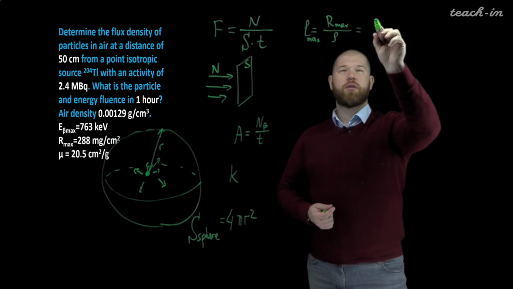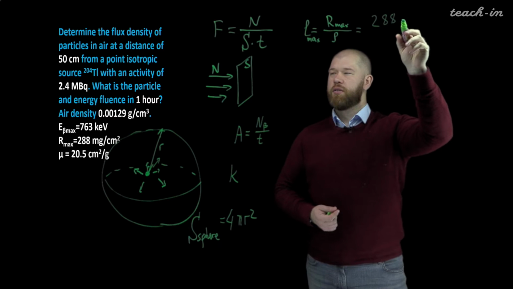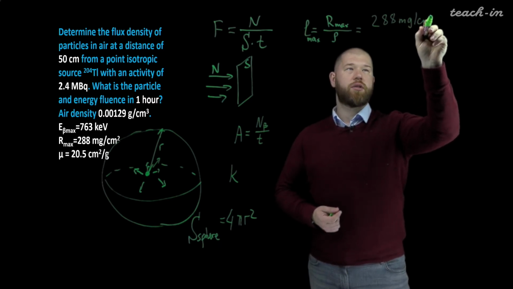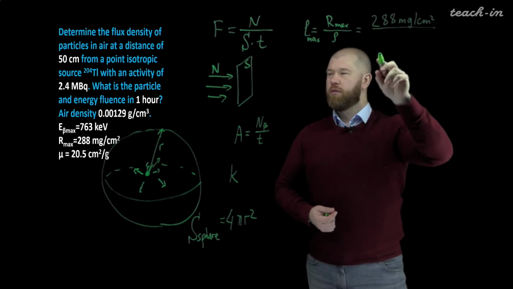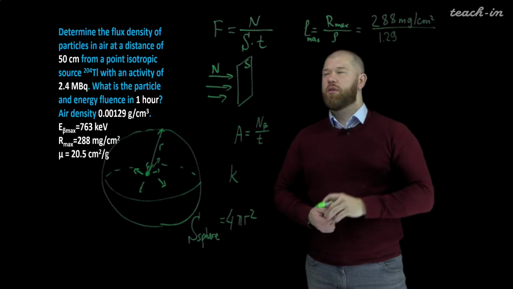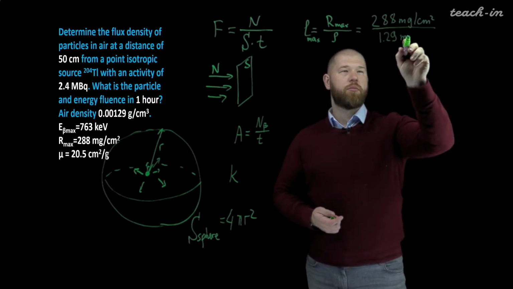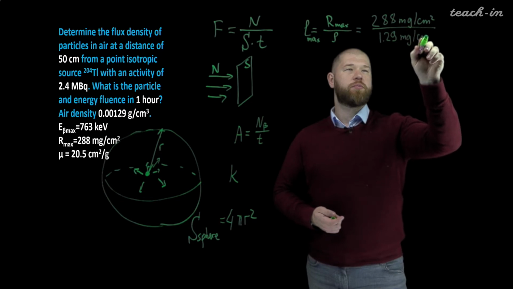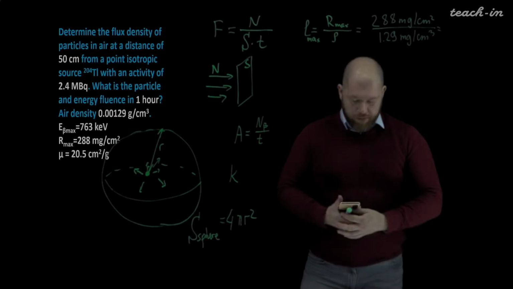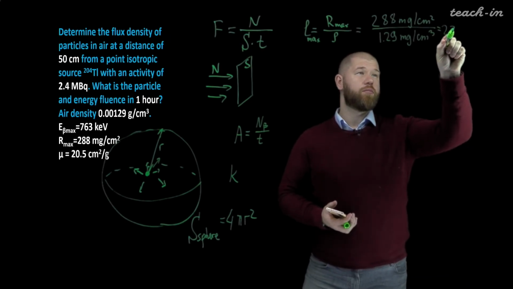So we divide this maximum range, milligram per squared centimeter, by the density of air. So we transform the gram per cubic centimeter to milligram per cubic centimeter, and thus we get something like 223 centimeters.